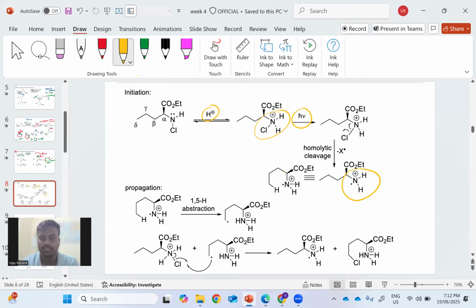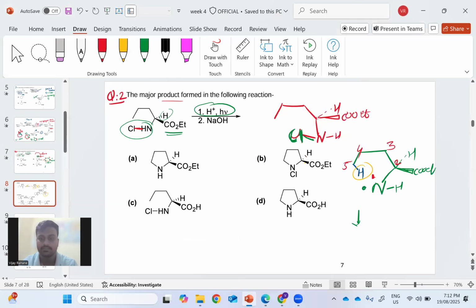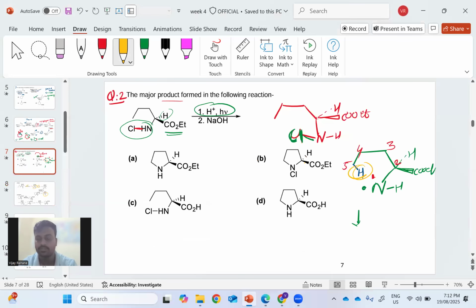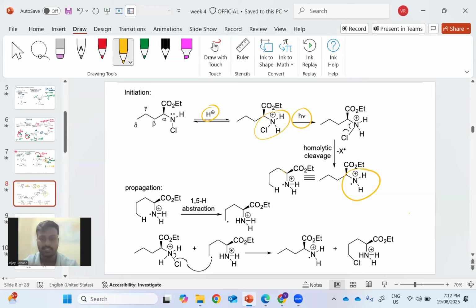Now, as I have shown earlier, there is one proton. So this is the proton which undergoes 1,5 hydrogen atom transfer again, right? In the same manner, there is one proton and it undergoes 1,5 hydrogen atom transfer. So the radical forms at this position, the 5 number carbon atom right here.